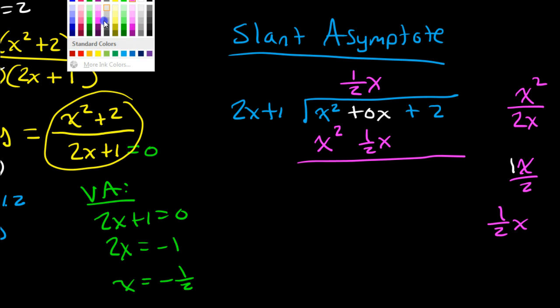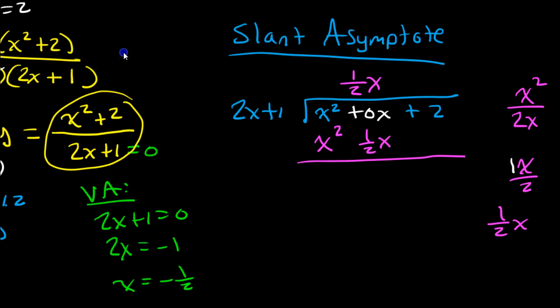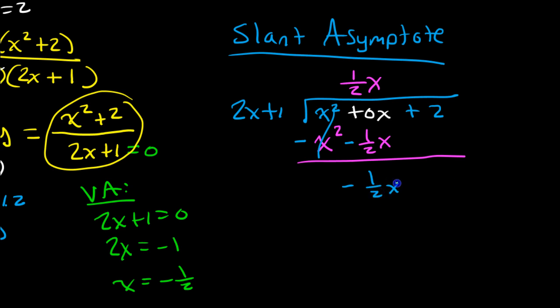Now we are going to subtract by changing the sign. So this will become minus and minus. All right, let me clean this up. So these cancel out, and here I will have negative 1/2 x plus 2.